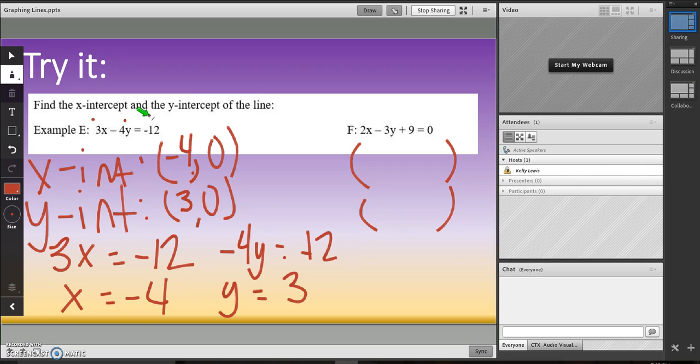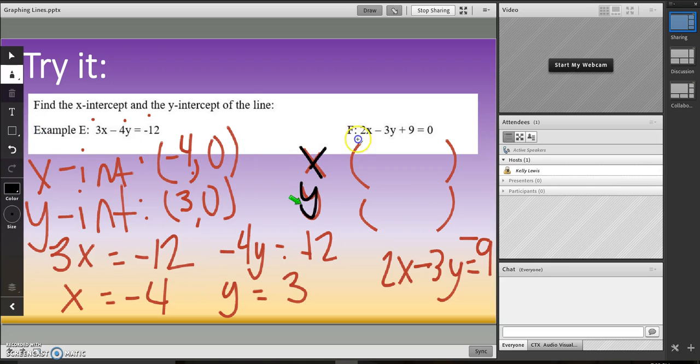Now let's do this other one, the x-intercept and the y-intercept. But I need this 2x minus 3y equals -9. I need the c, the constant, to be all on the other side. If I want the x-intercept, I'm going to plug in 0 for y, and so I'll get 2x equals -9.